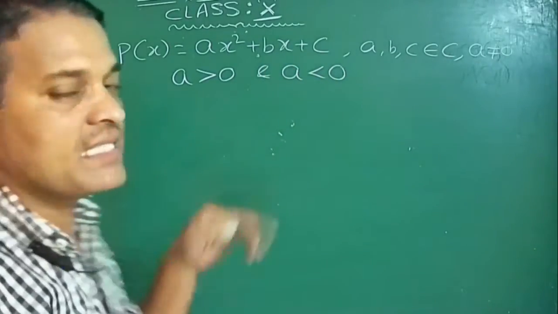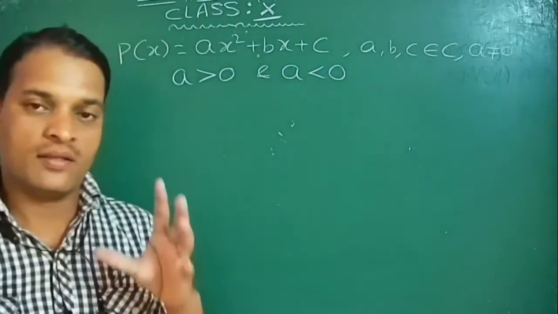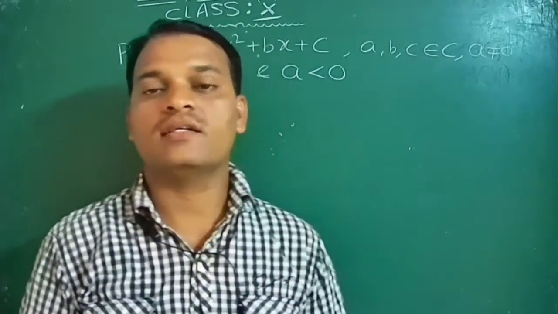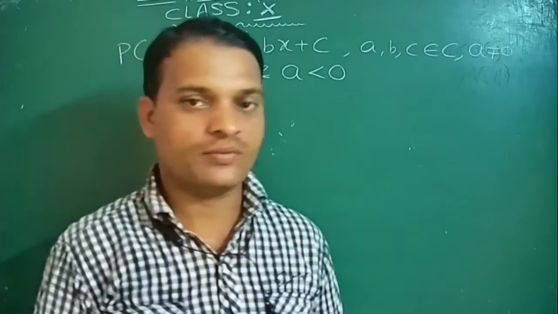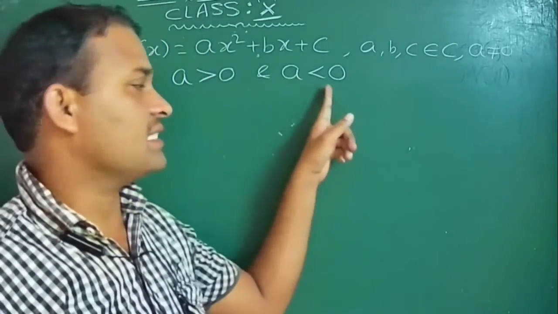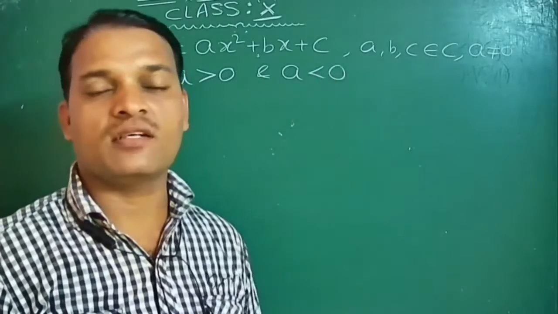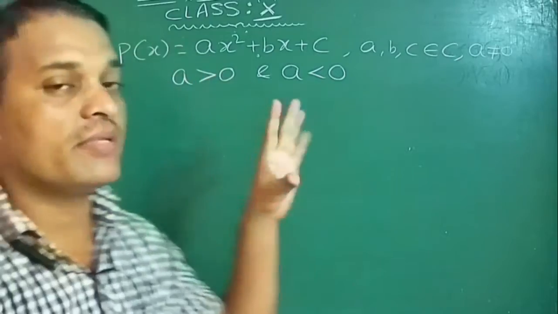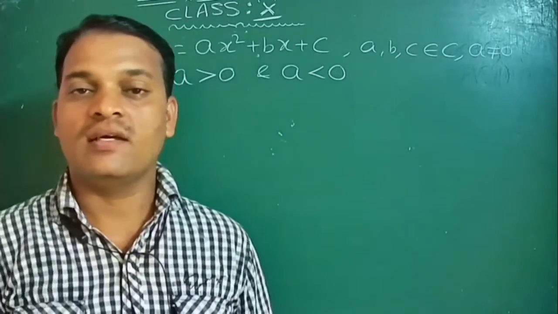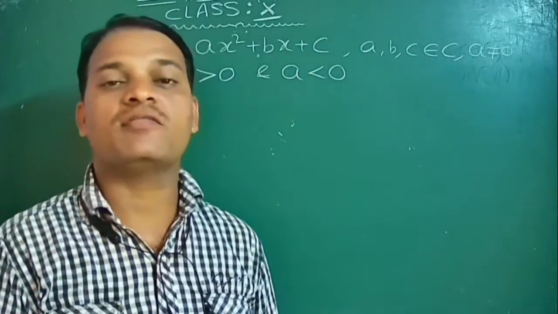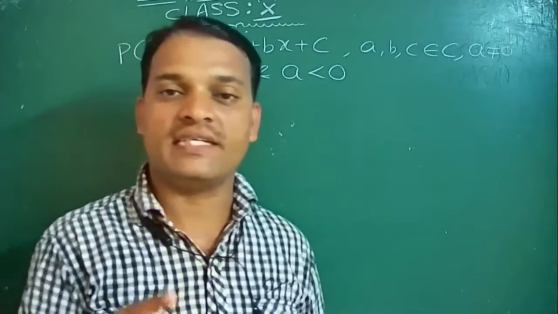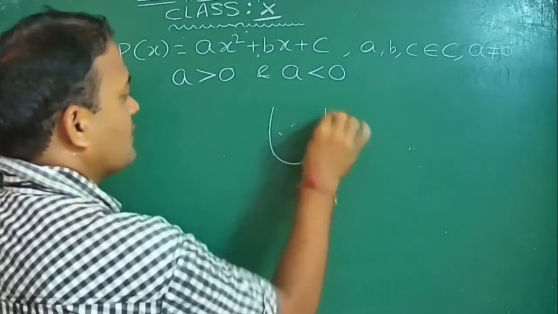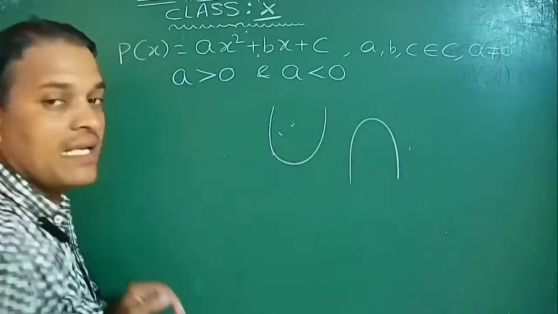If a is greater than 0, I want to explain what the nature of the quadratic polynomial graph is, and again if a is less than 0, what the nature of the graph is. Generally, the graph of a quadratic polynomial is of parabolic shape. Parabolic shape means either this form or this form.